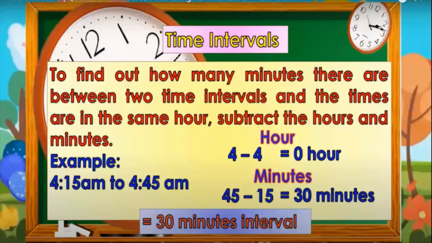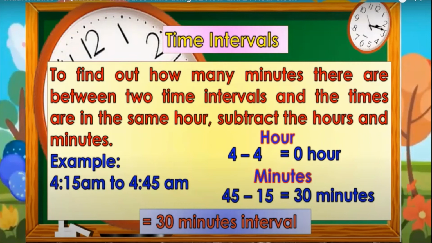To find out how many minutes there are between two times when the times are in the same hour, just subtract the hours and the minutes. For example, we have 4:15 a.m. to 4:45 a.m. What is the time interval?